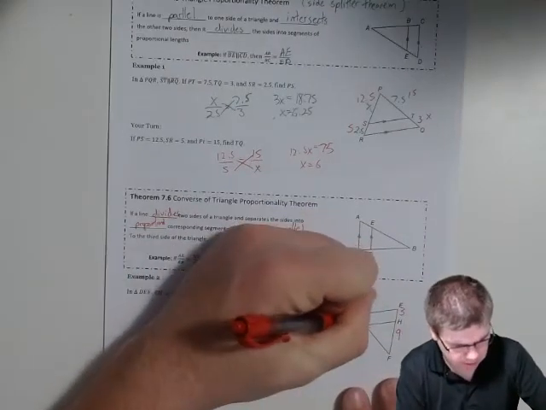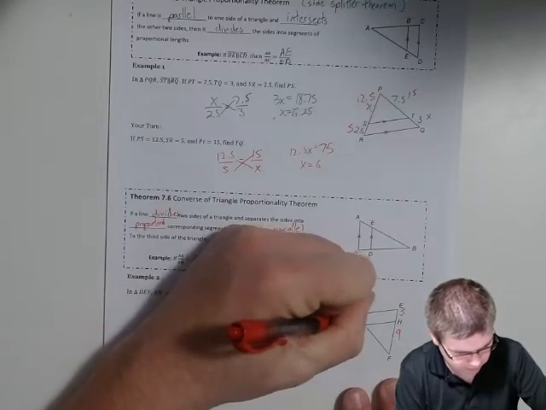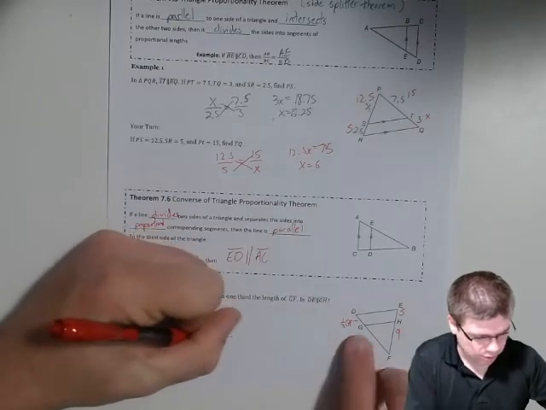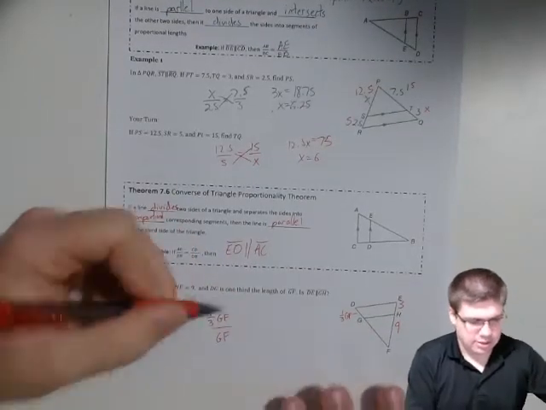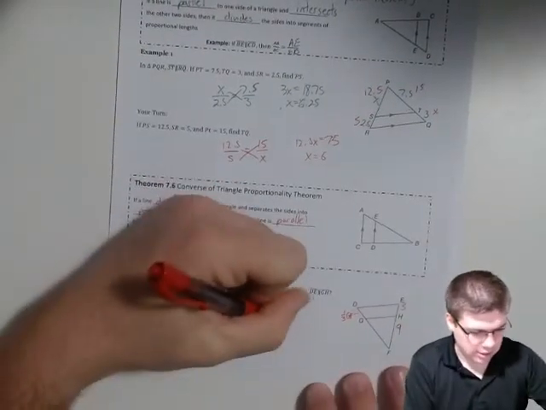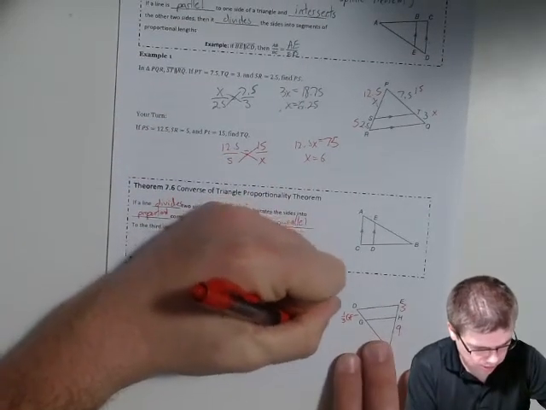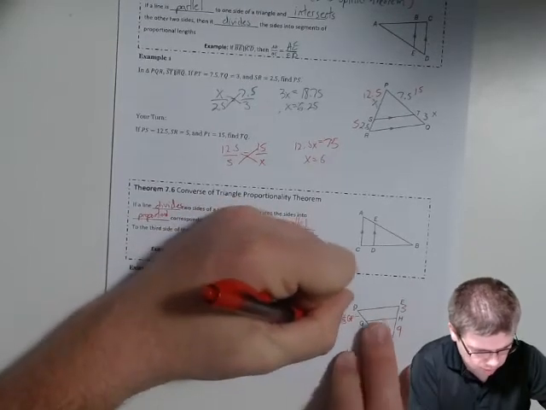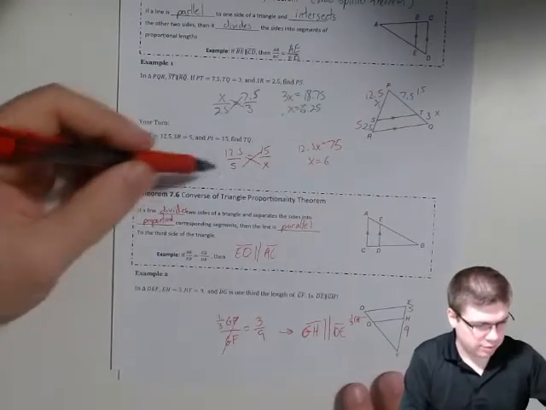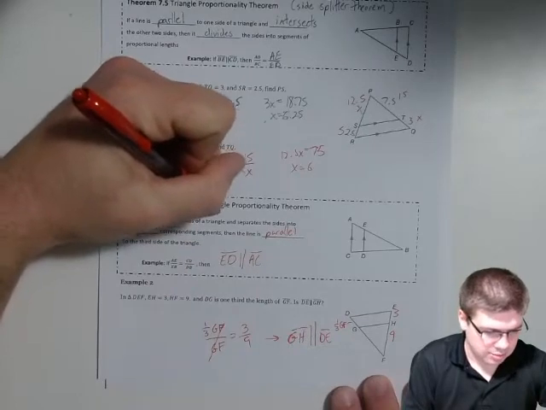Another way we could say this is that this side is equal to 1/3 GF, and so we could set up 1/3 GF over GF, and then what we see is that it cancels and we just get 1/3 is equal to 3/9. And so yeah, 1/3 does equal 3/9. Therefore, we know that GH is parallel to DE, using the converse of the triangle proportionality theorem. You can also say converse of the side splitter theorem.